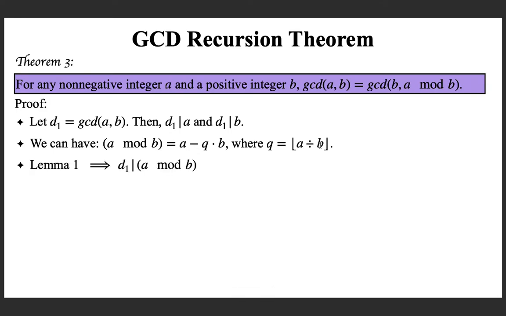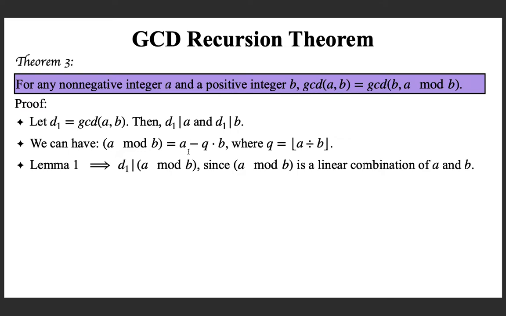Now from lemma 1, if you recall, we know that D1 divides A mod B, because A mod B is a linear combination of A and B. Why is it a linear combination of A and B?